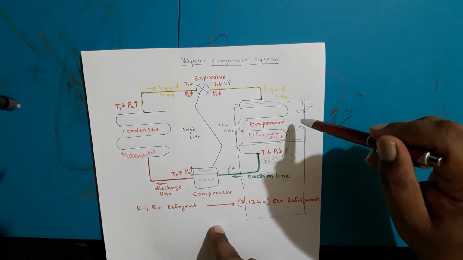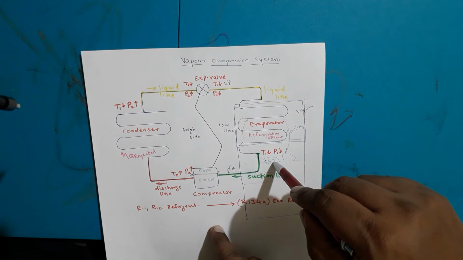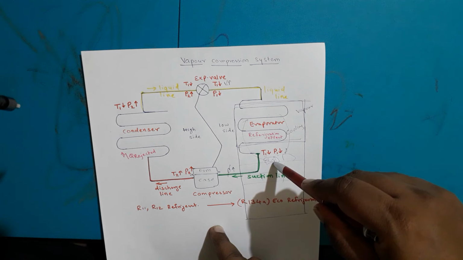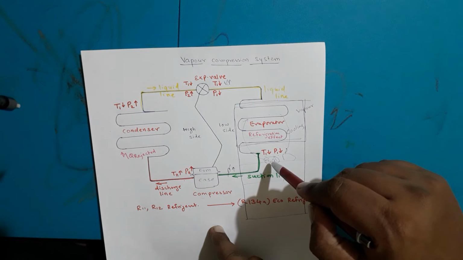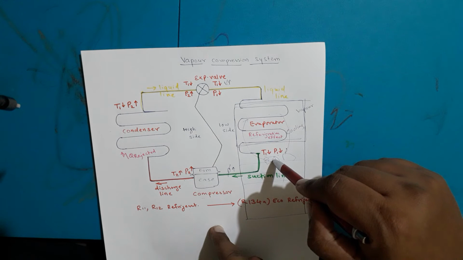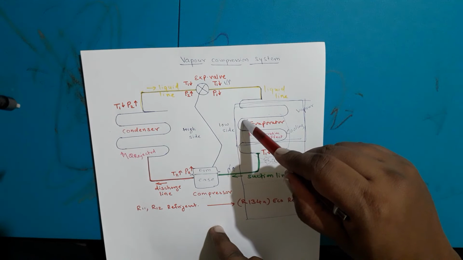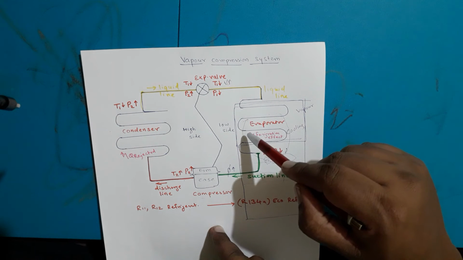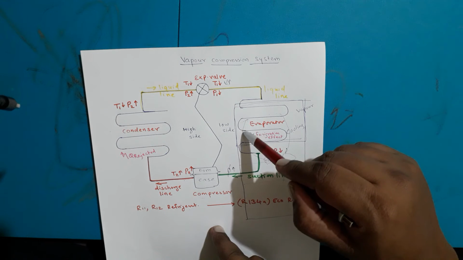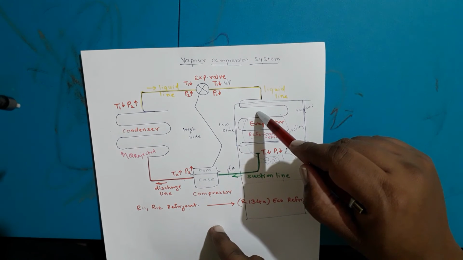So what happens exactly? Whenever you put some food material at 30 degrees centigrade into the refrigerator, room temperature is our normal 30 degrees centigrade. So these 30 degrees centigrade vegetables which are kept in the refrigerator, due to the lighter air, it will flow towards the evaporator, the upper side of the refrigerator. Here the 30 degrees centigrade hot air will come in contact with 5 degrees or minus 5 degrees centigrade refrigerant.